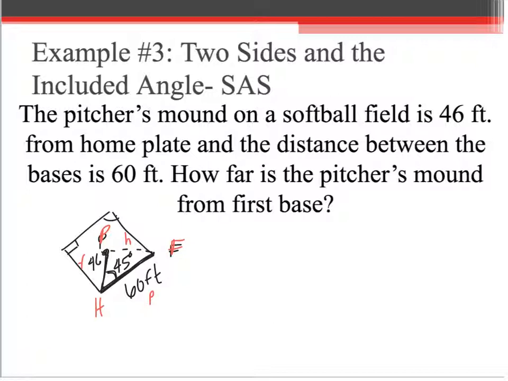To find little h, which is what we need, side h, we're going to have to use one of the formulas.